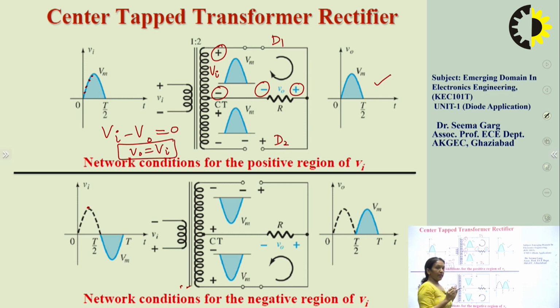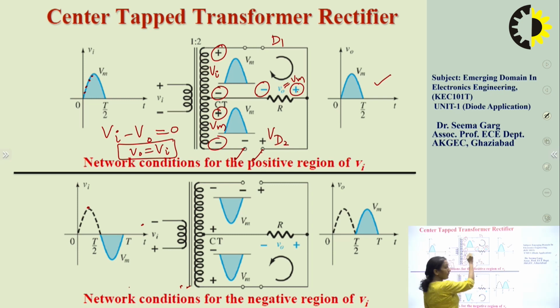Also, it is important to note that during the first half cycle, if we look carefully across this diode D2, the total voltage appearing across this diode is, this is the voltage Vm with this polarity, and here also we are going to get maximum voltage Vm with plus and minus polarity. So if we look at these two terminals, the net voltage appearing across this diode, let us say VD2.